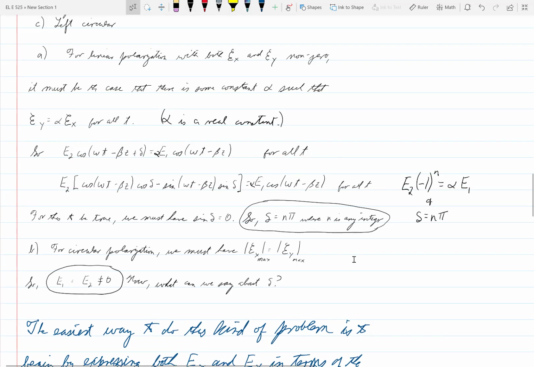Now, if we've already said that E1 and E2 are both positive, that would put some restrictions on your possible choices of alpha and n, which would also, since n is related to delta, put certain restrictions on delta as well.